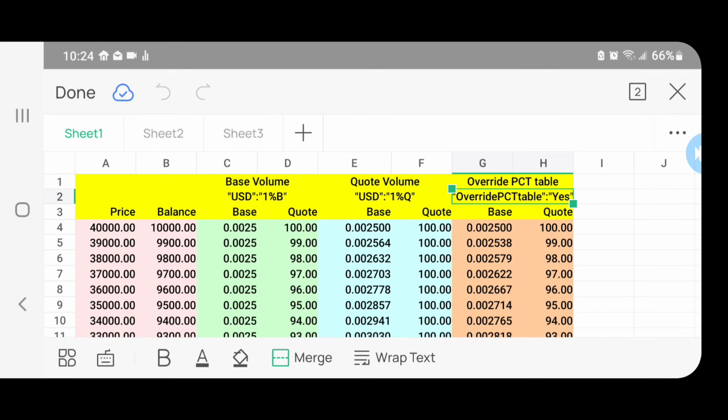Both base volume and quote volumes only change at the beginning of the trade cycle. So if you make a deposit, the deposit will not be recognized until the next trade cycle.